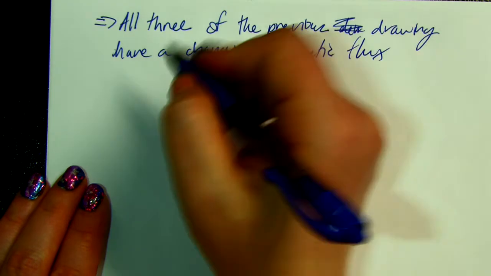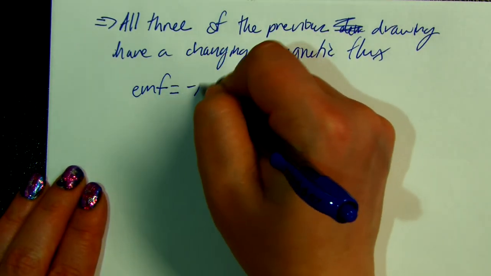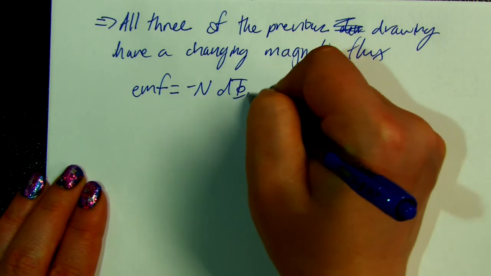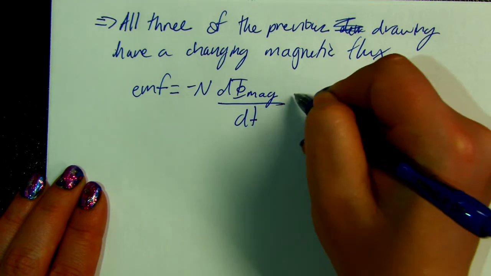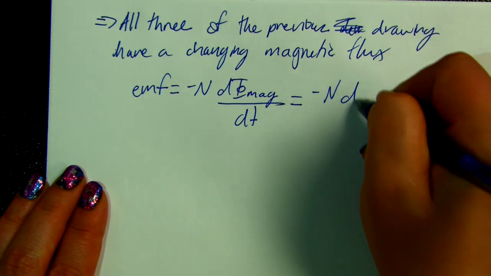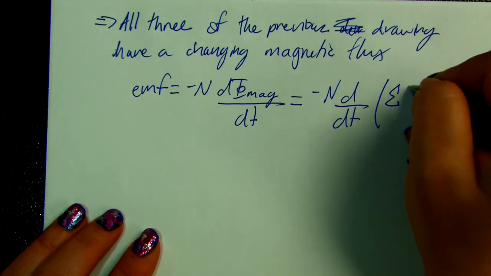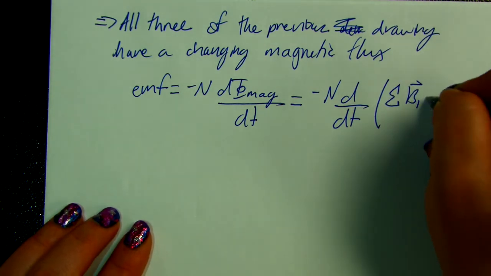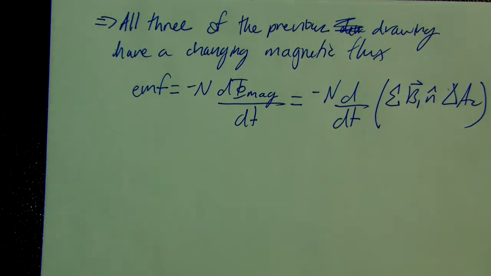So what would be true for all of them is the EMF is equal to minus N times the time-varying magnetic flux, which is equal to minus N d/dt of B dot A.